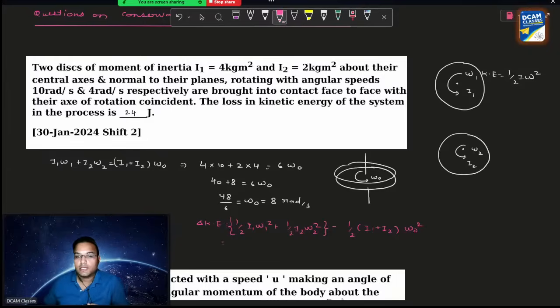I1 is given to you, omega 1 is given to you, omega 2 is given to you. Just put the values. You'll get 24 joule. Easy question, but see, it was asked in 2024.